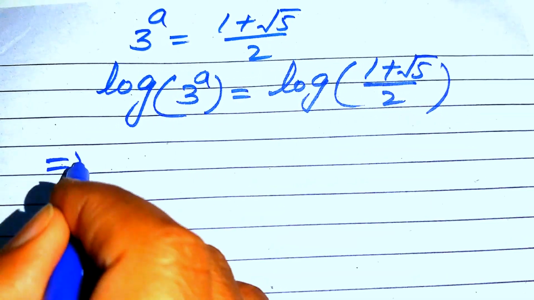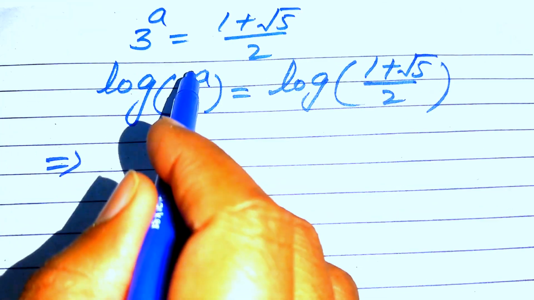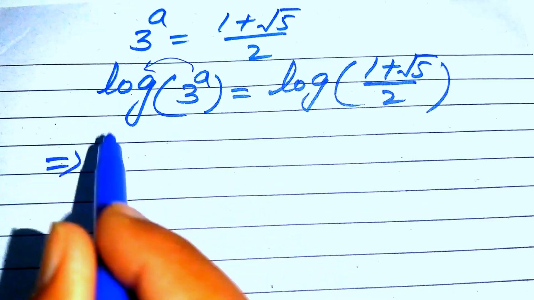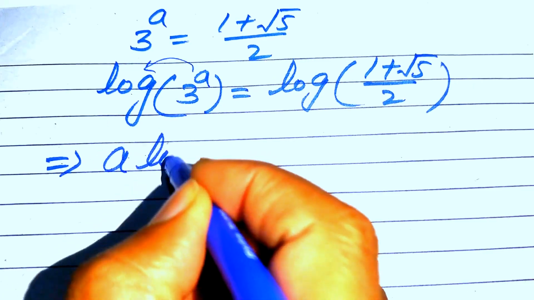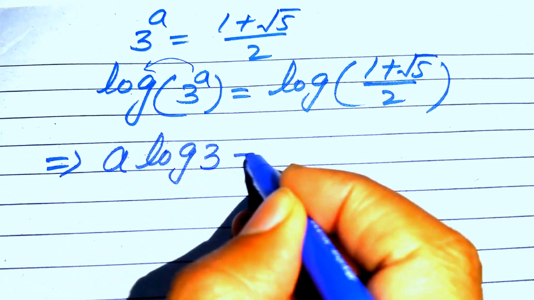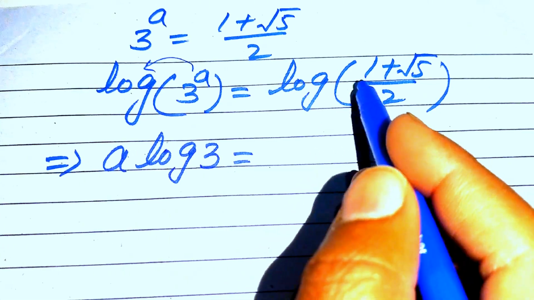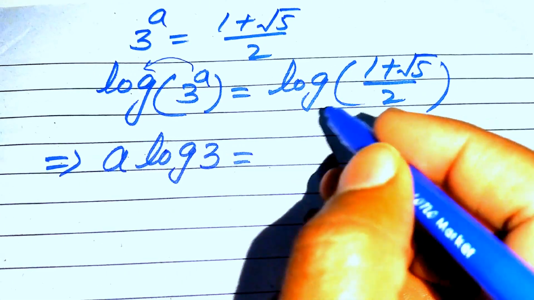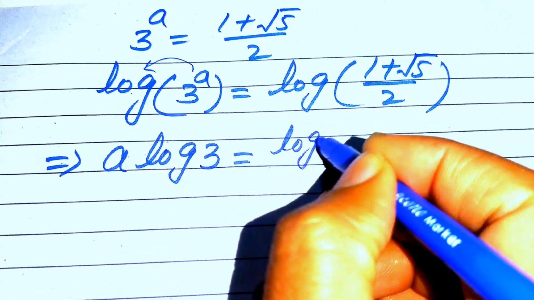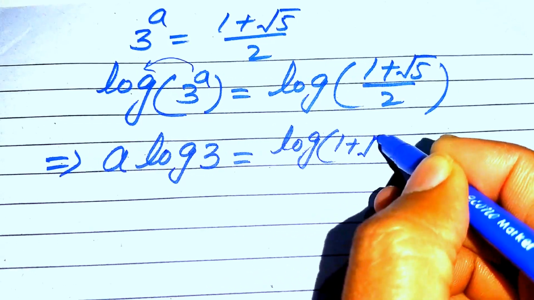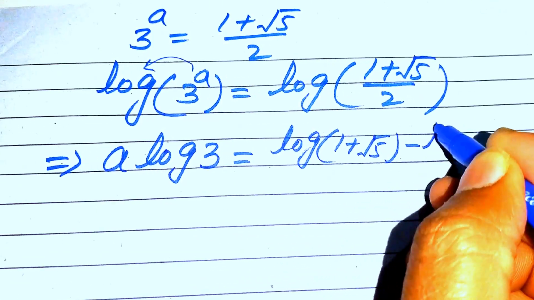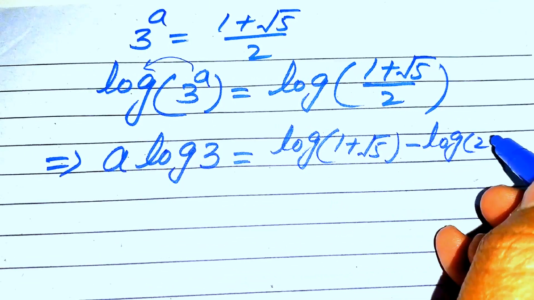Now we use the property of logarithm and move the exponent in front of the log, and it becomes a times log 3 equals, using the property of log, log of 1 plus square root of 5 minus log of 2.